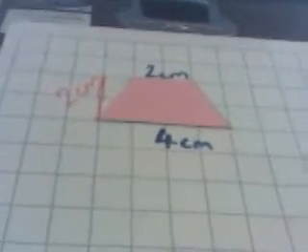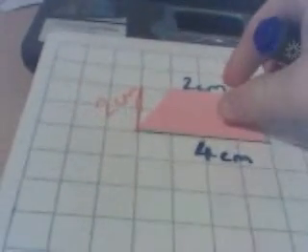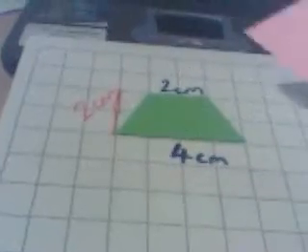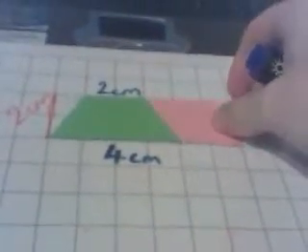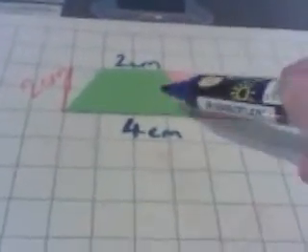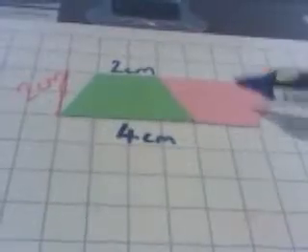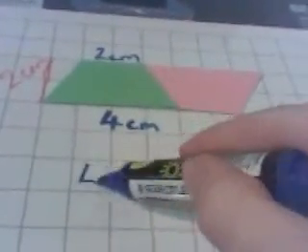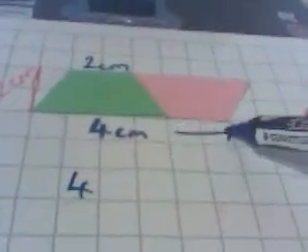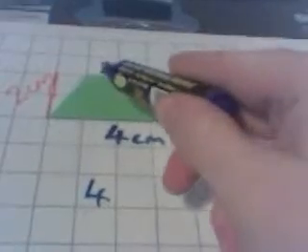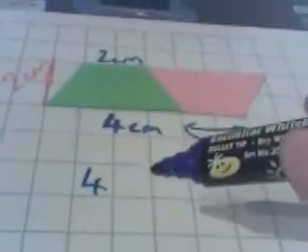Okay, so let's look at how we'd work this one out then. If you remember, we're going to imagine it's a parallelogram. So we have to think, what is the actual base of the parallelogram? Well, it's the 4 centimeters plus this distance here, which is the same as what's along the top.